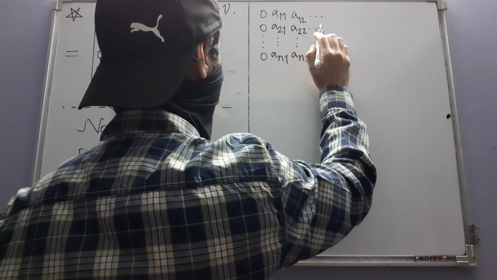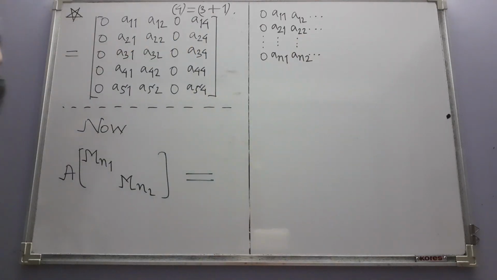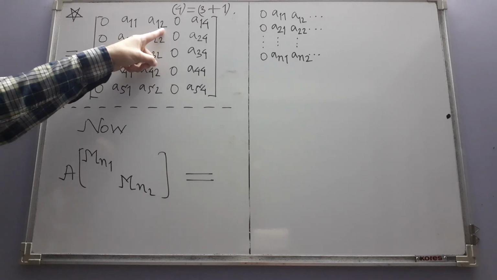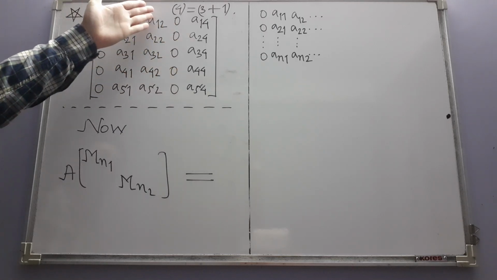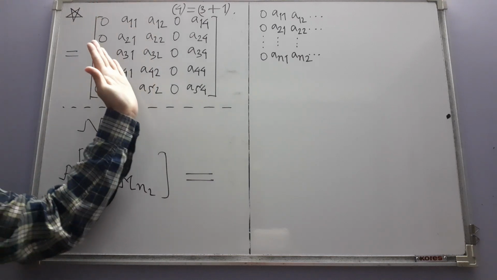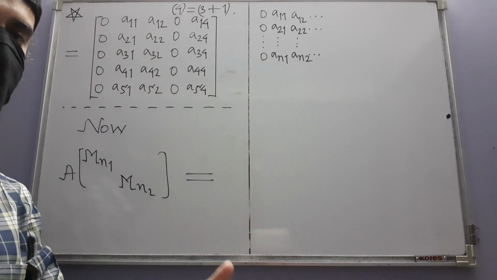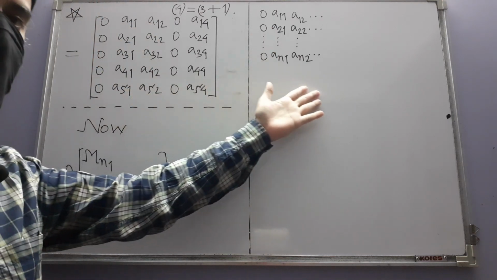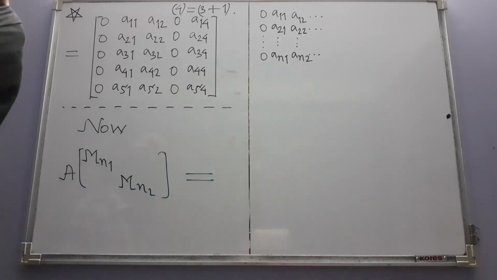Okay, so like that it goes. Finally, we reach this. Here of course, here itself it ends, and then after that a 0 column comes, but it depends on the actual value of N1.